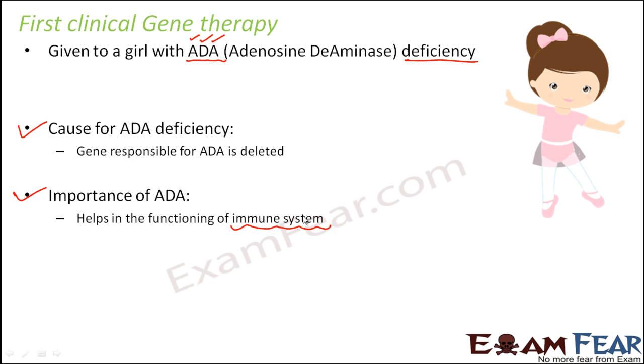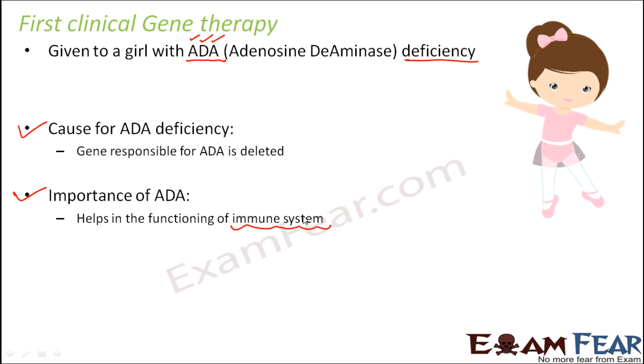Now, if there is ADA deficiency, then the immune system becomes weak, and if the immune system is weak, the person will eventually die. So this shows that ADA deficiency can be extremely deadly. We will have to find ways to treat it. So how can we treat it? By replacing the gene, by having a gene which is responsible for production of ADA.